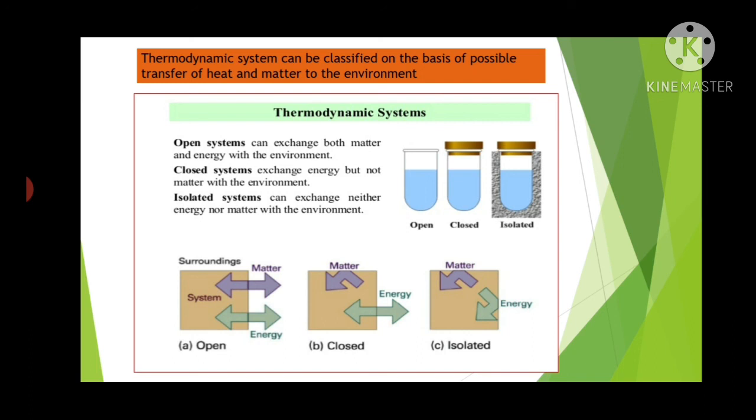So from that you can see that the hotness of that soup or any liquid which is in the thermos remains as it is. That means what? There is no transfer of heat towards the surrounding. So in the diagram you can see that the matter and the energy are not being transferred to the environment. It is all evacuated in a whole, yes, insulation. So this is all about open system, closed system and isolated system.